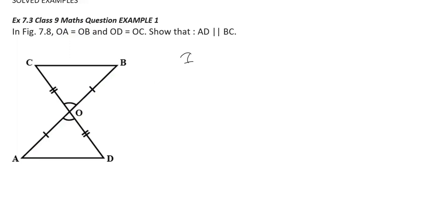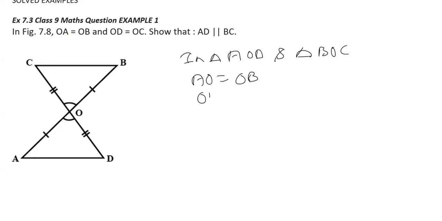The two triangles that we are proving congruent are triangle AOD, the below one, and the other triangle, triangle BOC. In these triangles, we have already been given AO is equal to OB, that's from given. We have been given OD from the first triangle is equal to OC.